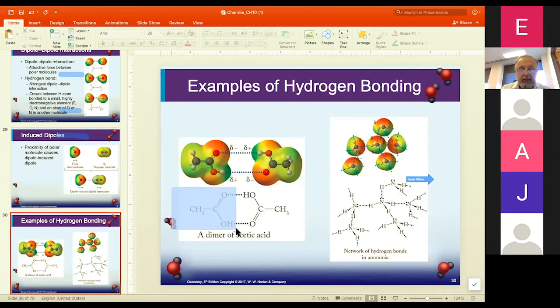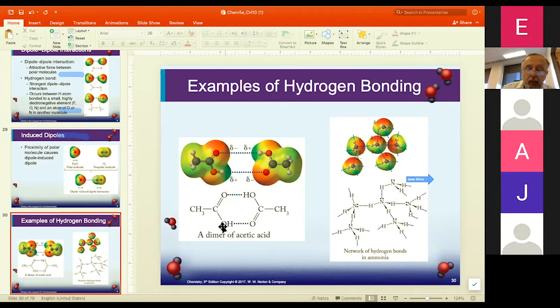This is called acetic acid, or vinegar in everyday language. And notice that it has an oxygen here, and it has another oxygen here, and a hydrogen. This hydrogen is attached to an oxygen, which is the first prerequisite for there being hydrogen bonding. And it can interact with a nitrogen, oxygen, or fluorine. And this is an oxygen that has lone pairs, which means that this is a hydrogen bond.